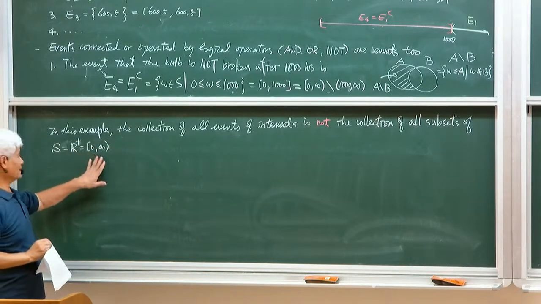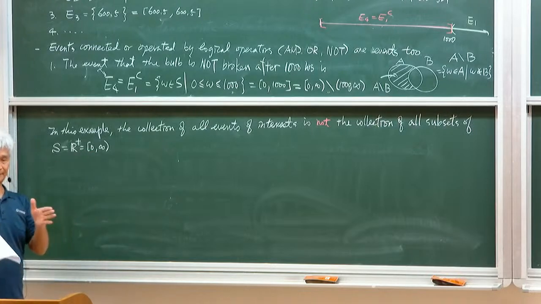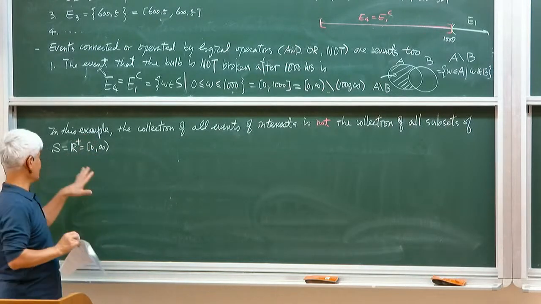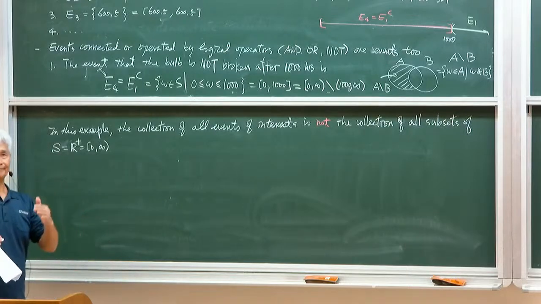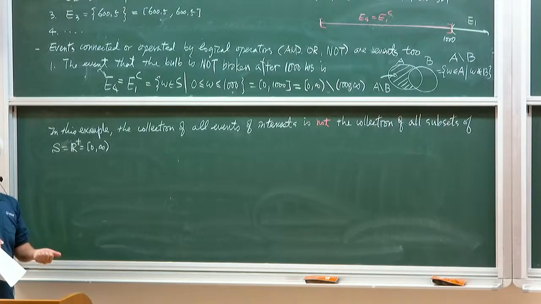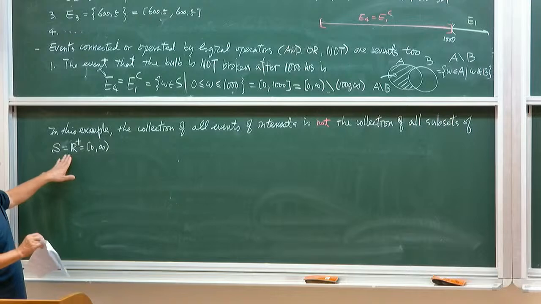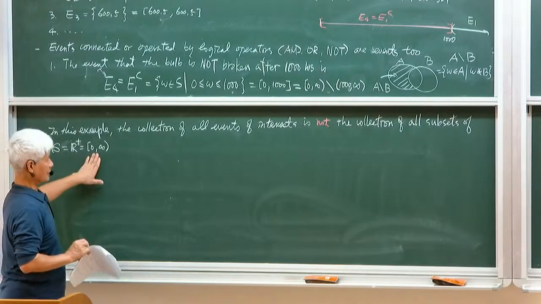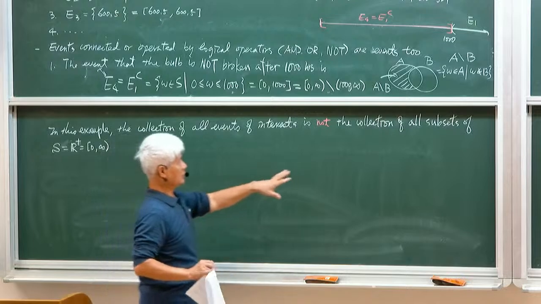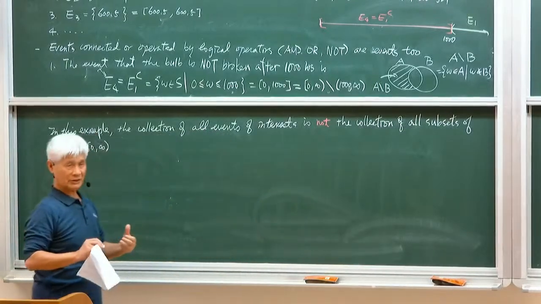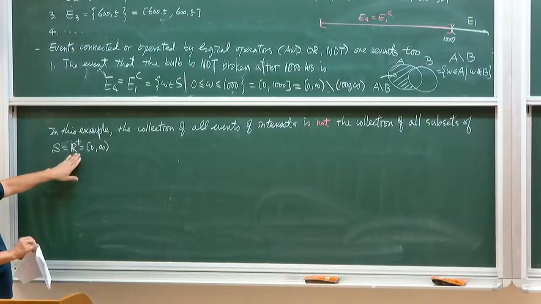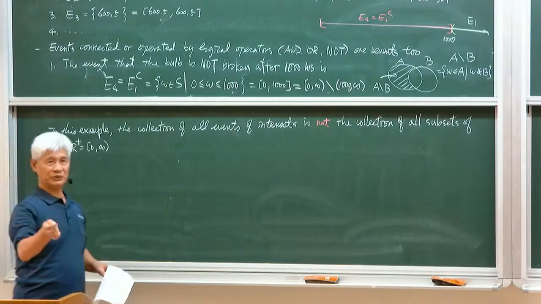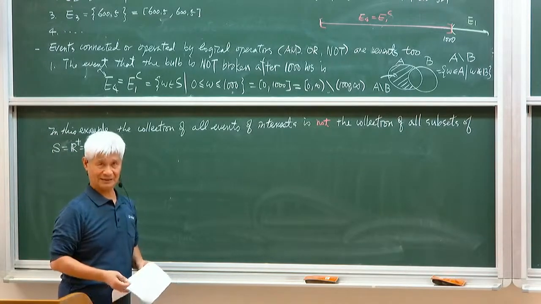Well, because this sample space is what we call uncountable, very huge. It is a huge set in set theory, and so the collection of subsets of this kind of sample space is too huge to study.